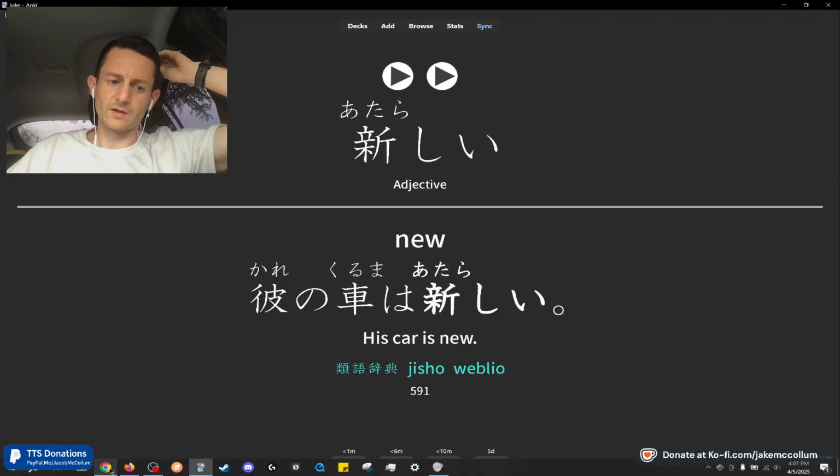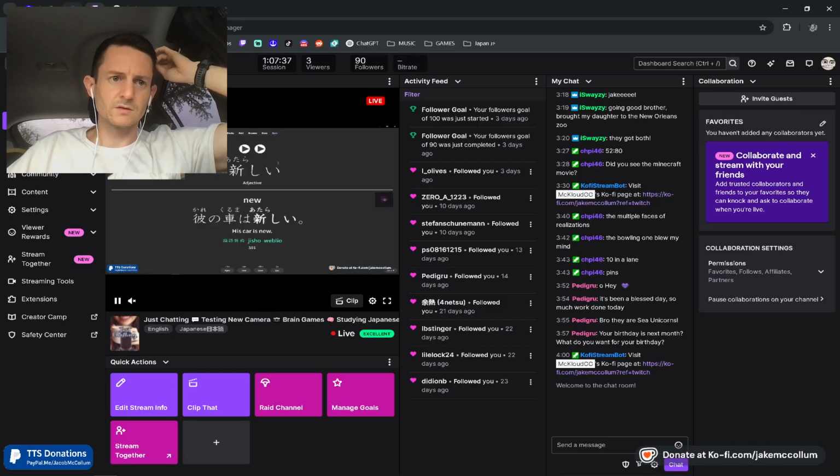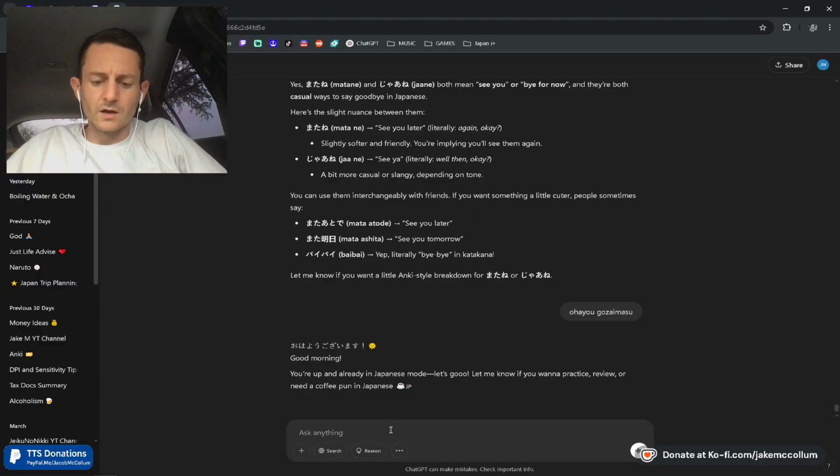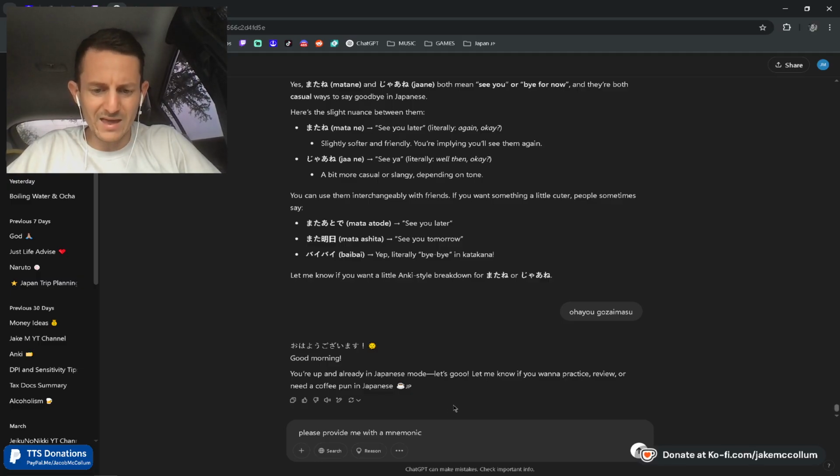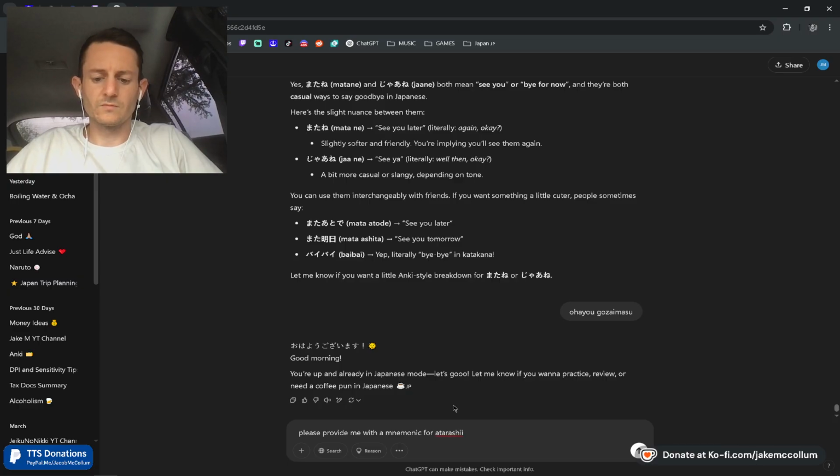How can we remember that? Atarashi. Please provide me with a mnemonic. I still don't know how to say that word. Mnemonic for atarashi, which means new, based on how it sounds.